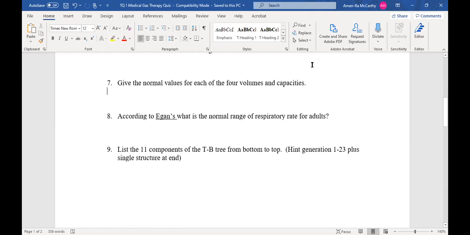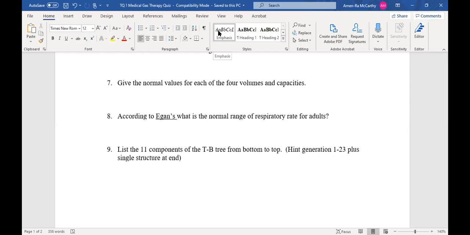So, Miss Taylor, inspiratory capacity is how much? She might have to step away. Miss Scott, inspiratory capacity is how much?